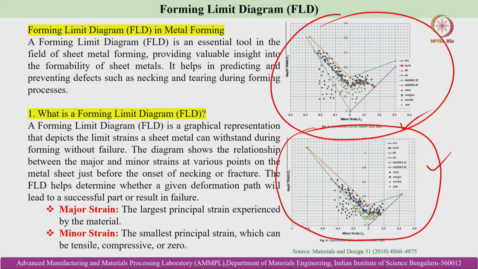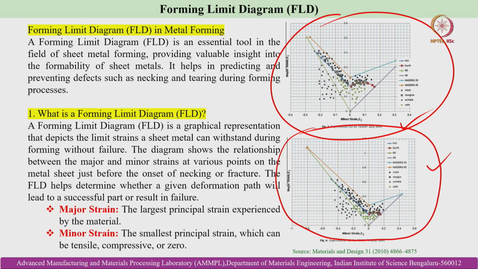This diagram shows the relationship between the major and minor strains at various points on the metal sheet just before the onset of necking or fracture. The FLD helps determine whether a given deformation path will lead to a successful part or result in failure.